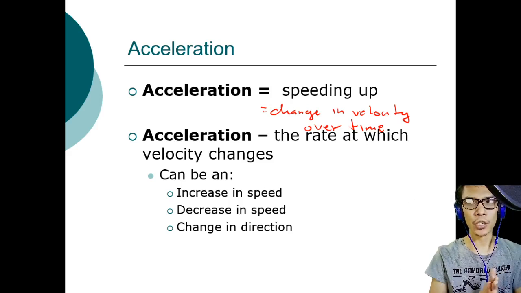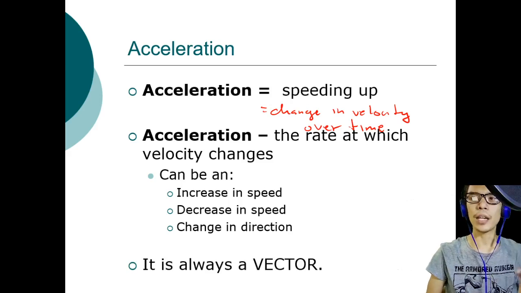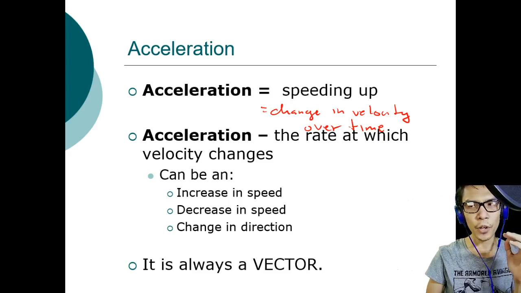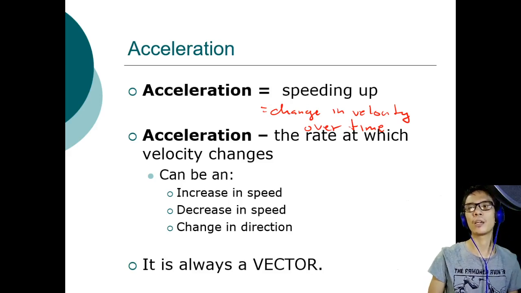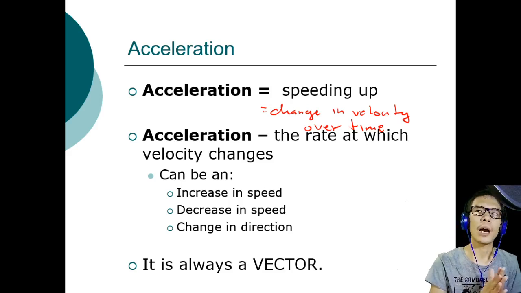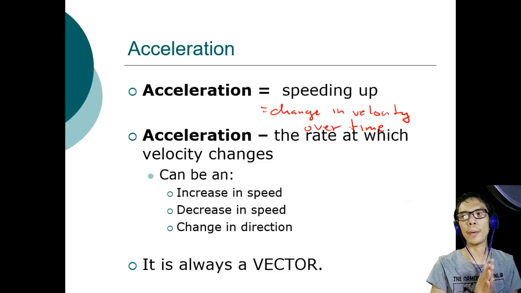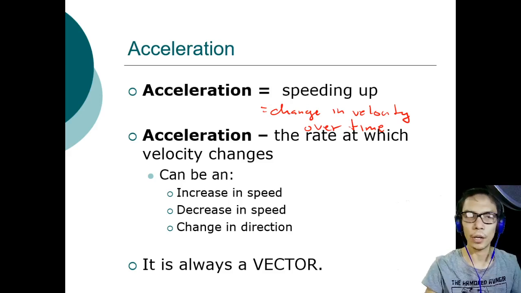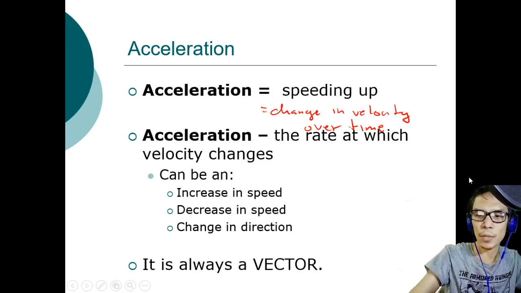Now, acceleration is always a vector quantity. It is never a scalar quantity. Meaning to say, the direction of the acceleration depends on the direction of the object. Okay, so let's take a look at the simulation.